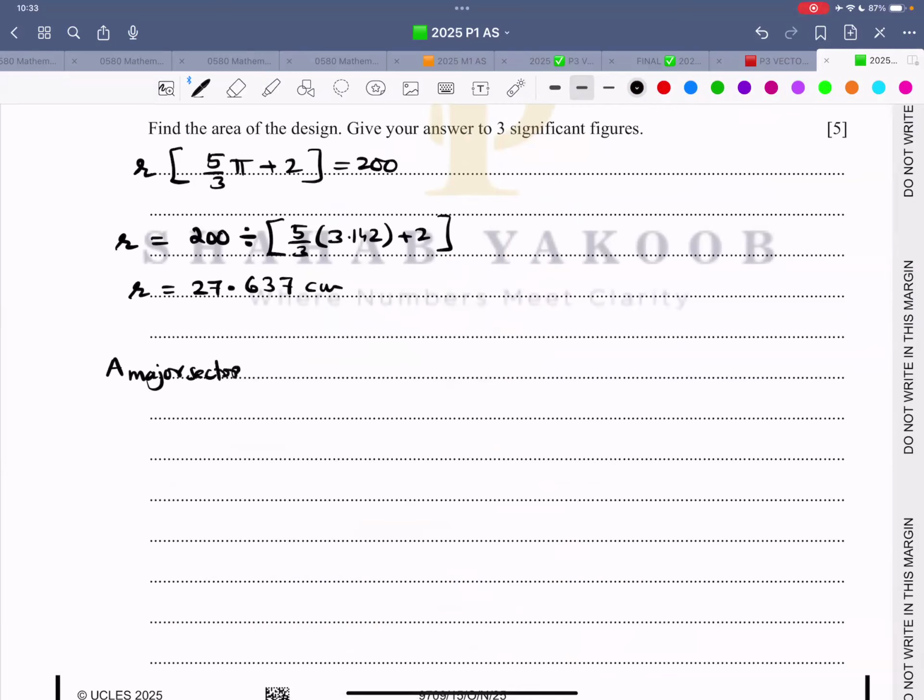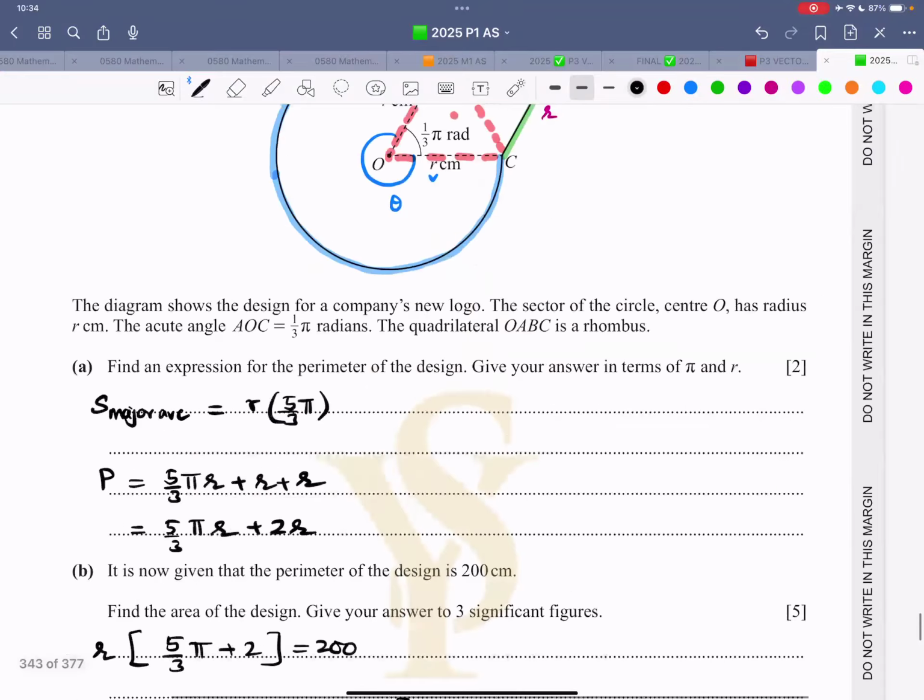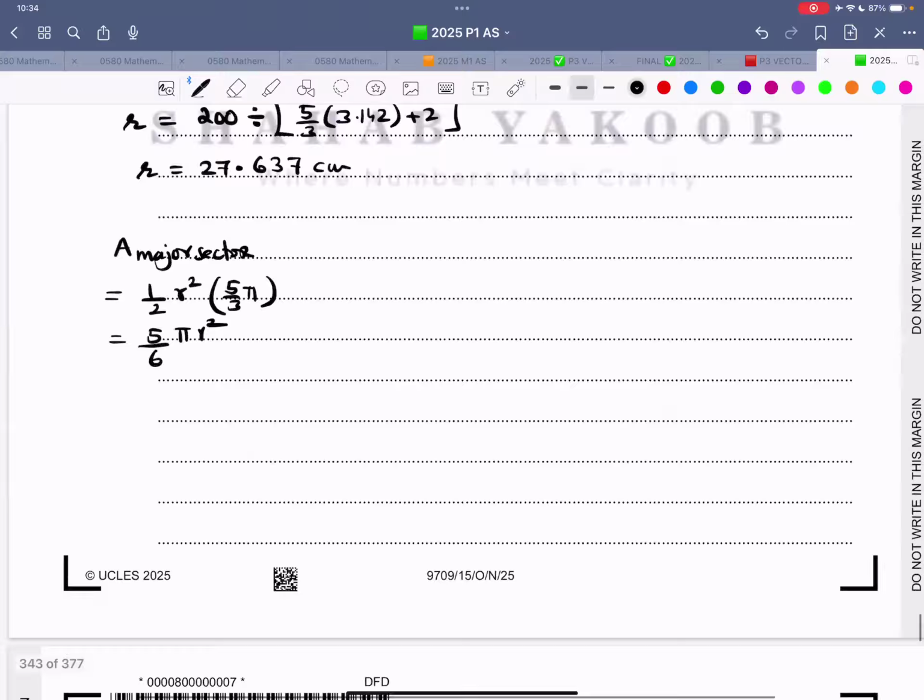First, area of the major sector, that is half r squared theta, that is 5/3 pi. That is 5 over 6 pi r squared. That's the area of the major sector. Area of triangle is half ab sine C. That is half into r into r into sine of pi by 3.